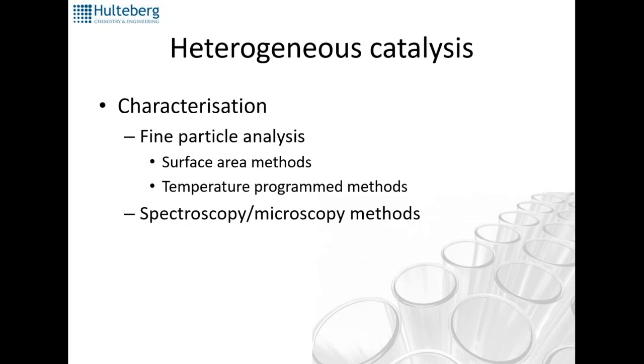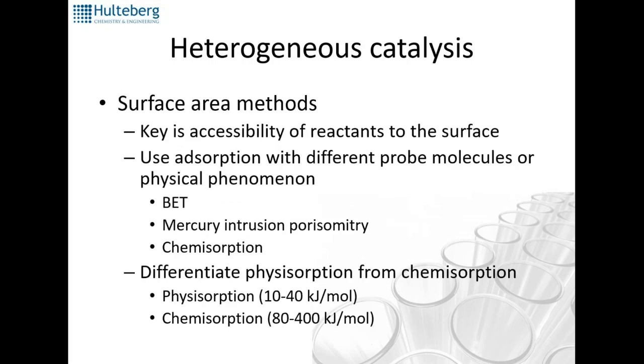We also do a lot of spectroscopy and microscopy methods, looking at the crystal structures and the shapes and forms of these materials. And as I said, surface area is a key method. So how accessible is the surface to the reactants? That is something that you understand with these methods.